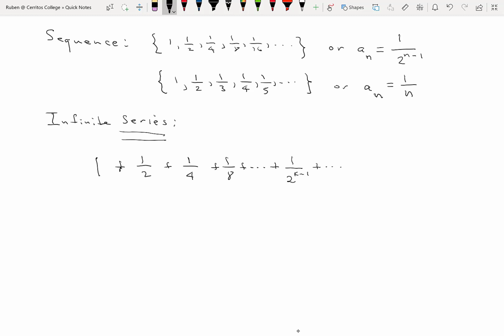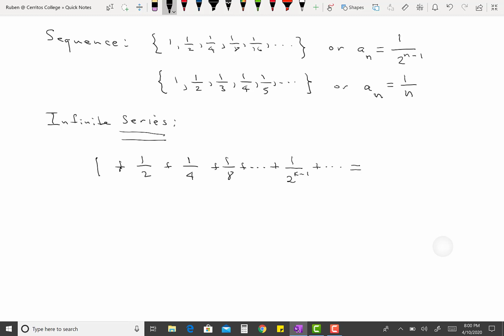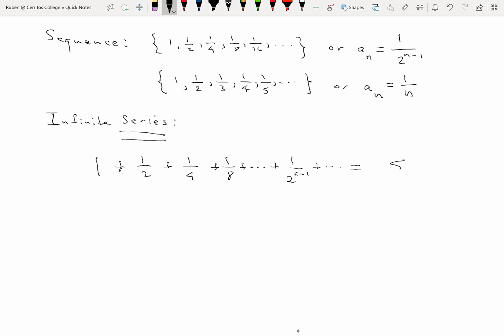Okay. Well, in algebra we can't add an infinite number of terms. So what we do is we shorten our notation here by using the sigma notation for summation that we did with Riemann sums in Calc 1. So this is the capital Greek letter sigma, and you can think about it as abbreviating the words the sum of 1 over 2 to the n minus 1.